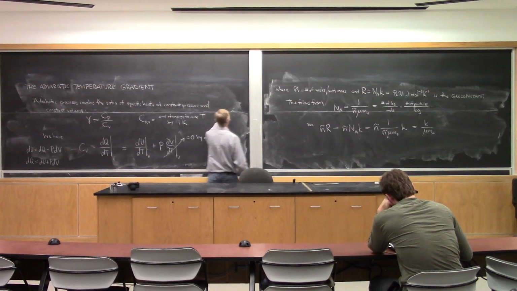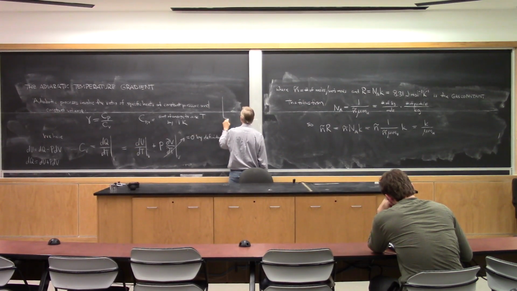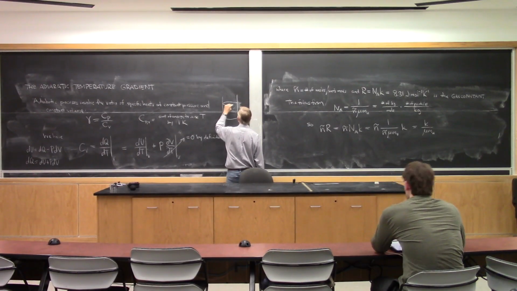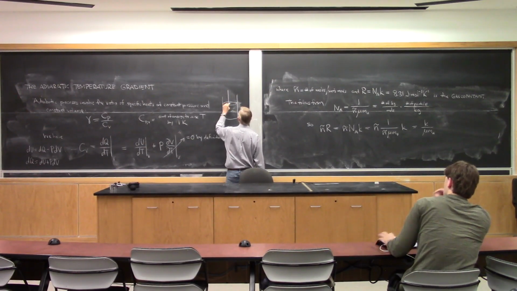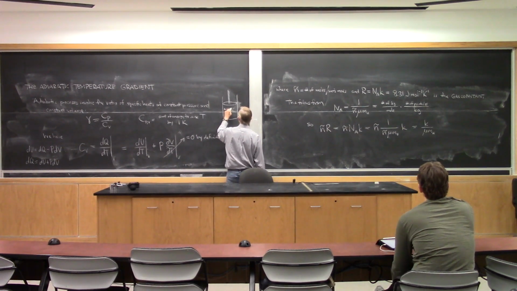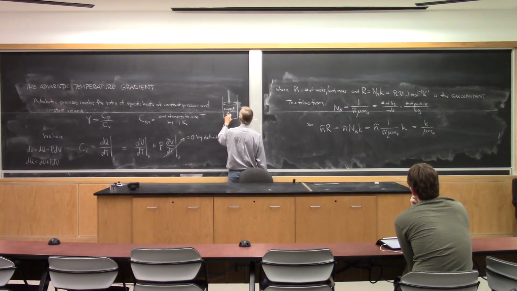And I'll remind you, because maybe you've forgotten this idea, here's our piston, and here's our trapped fluid, and it doesn't have to be this, but it could be flames.